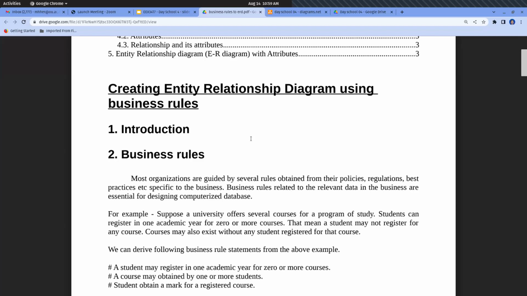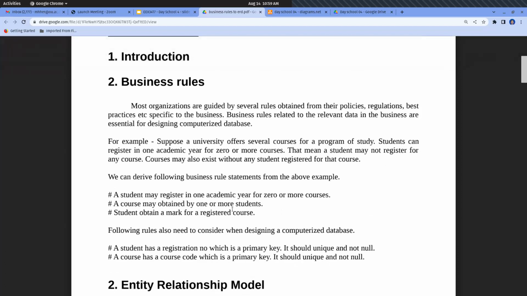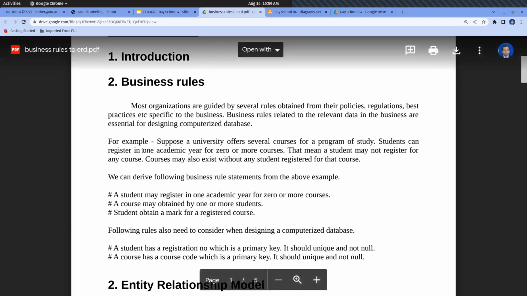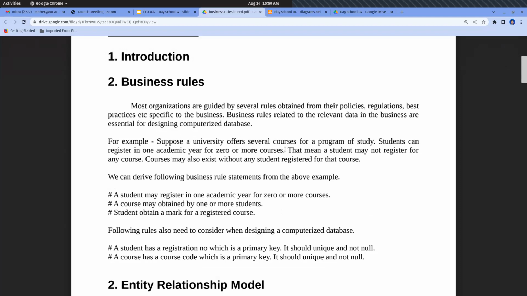Before drawing an ERD, you have to write business rules. Business rules mean, if you consider one example, suppose a university offers several courses for a program of study. Students can register in one academic year for 0 or more courses.